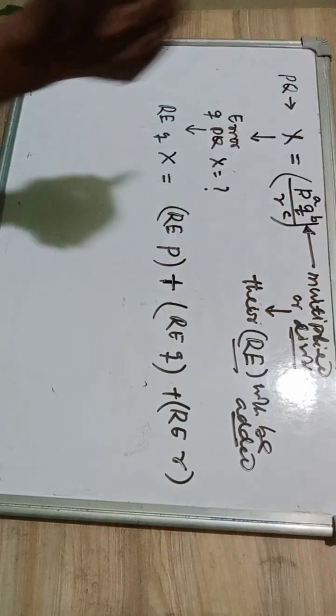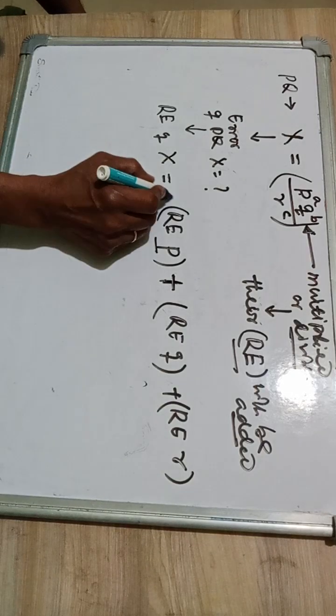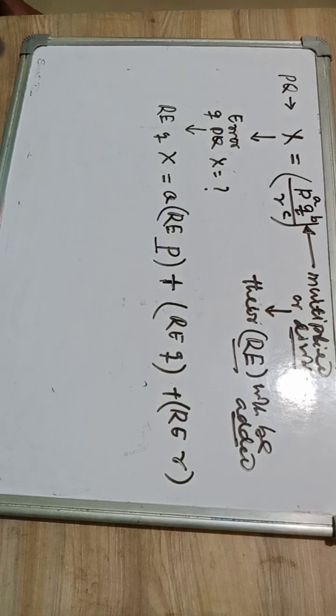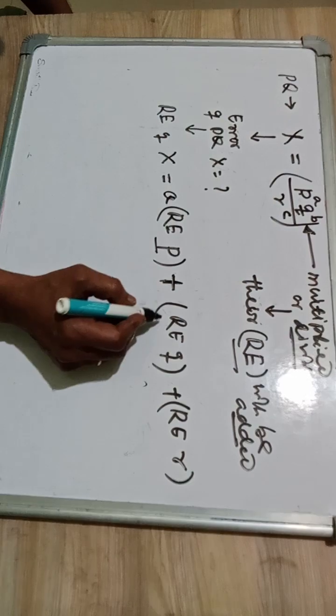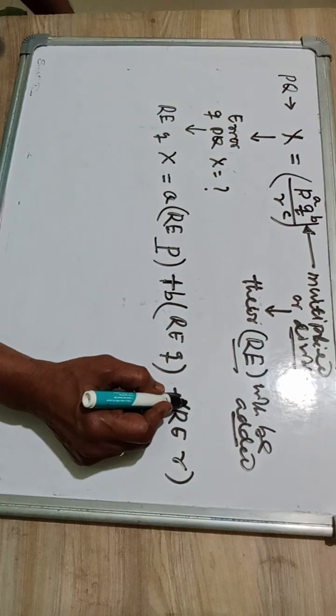Here P has power a. Then it means P will contribute a times, Q will contribute b times, and R will contribute c times.